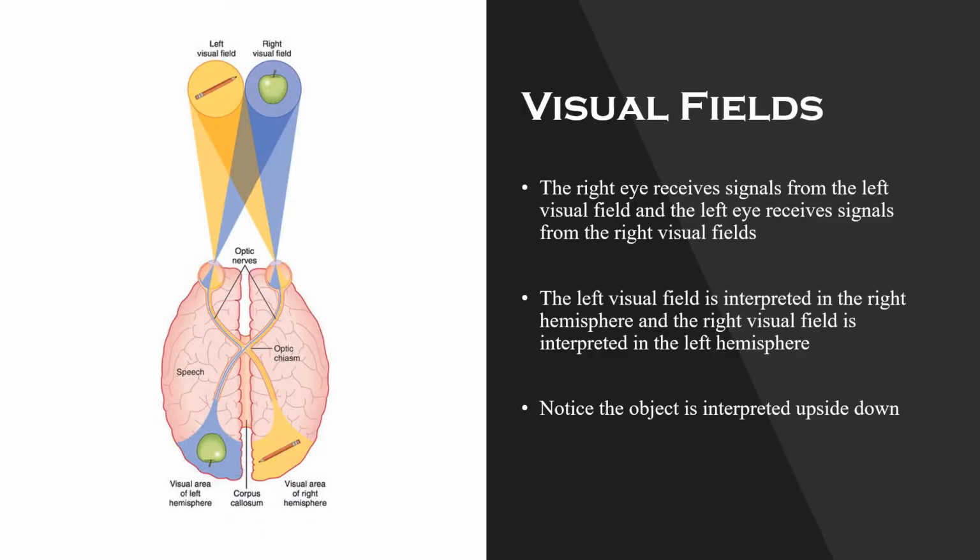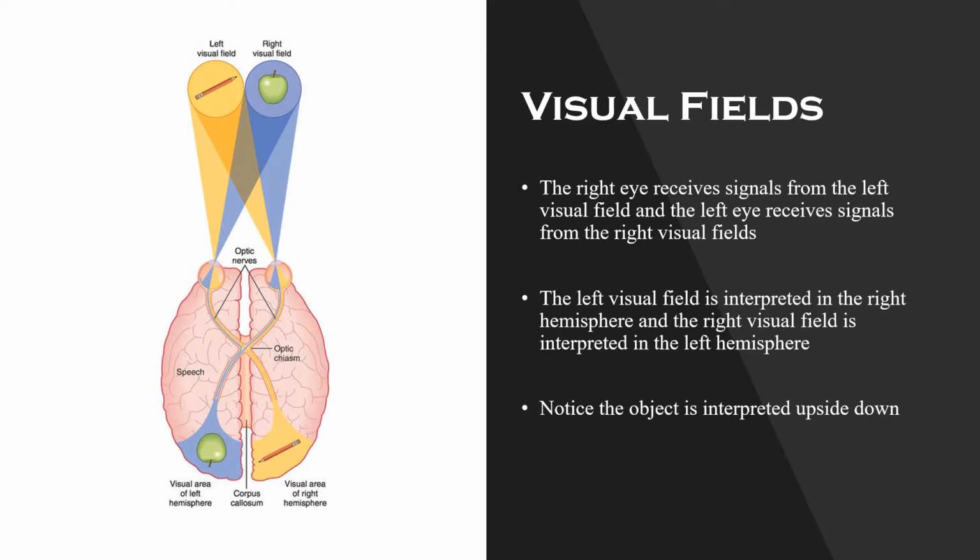All right, so now we're into visual fields. The right eye receives signals from the left visual field. The left eye receives signals from the right visual field. The left visual field, if you remember, is interpreted in the right hemisphere, and the right visual field is interpreted in the left hemisphere. And notice that when you interpret an object, and now we're looking at the occipital lobe or the visual cortex, right?